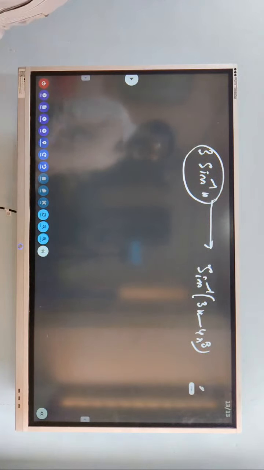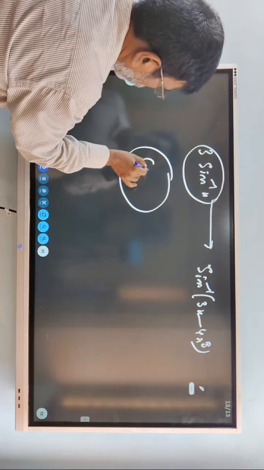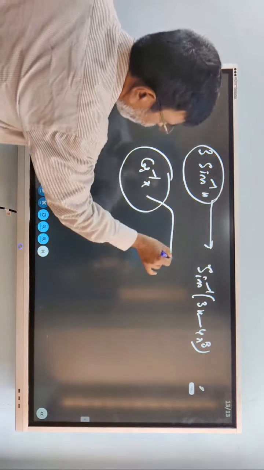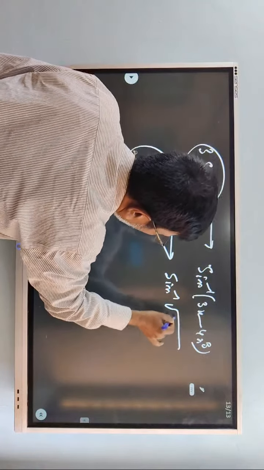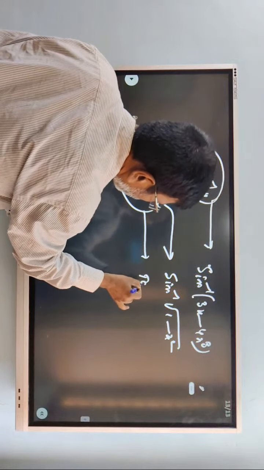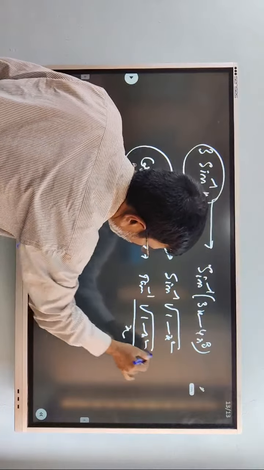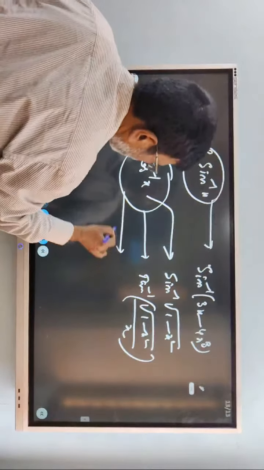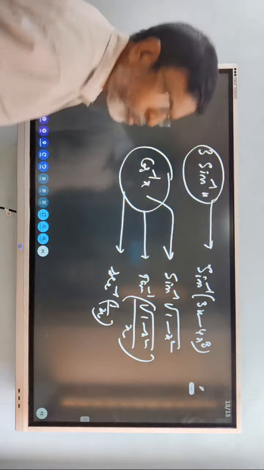Now suppose cos inverse x is given to you, what are the conversions? Sine inverse root of 1 minus x square straight away. Tan inverse is root of 1 minus x square by x. If you want secant inverse, take secant inverse 1 by x.